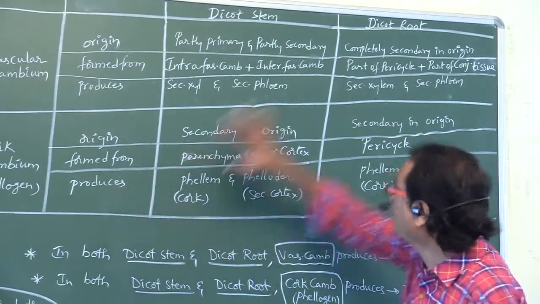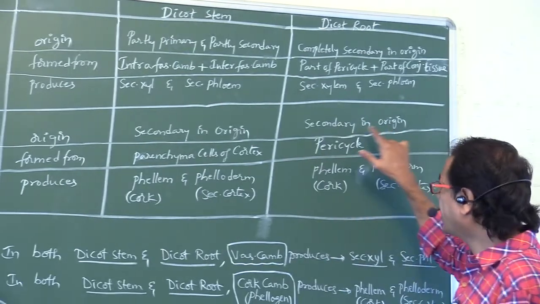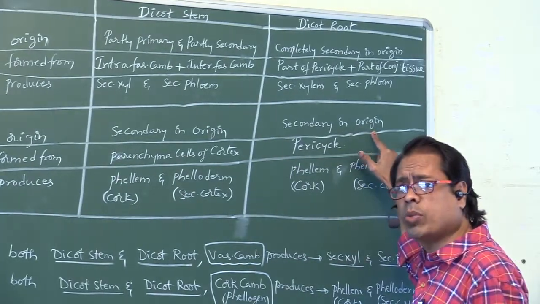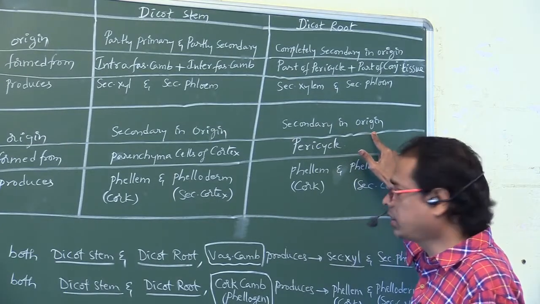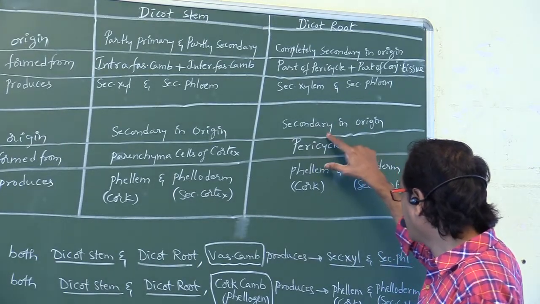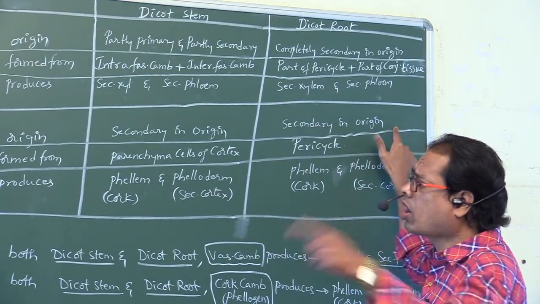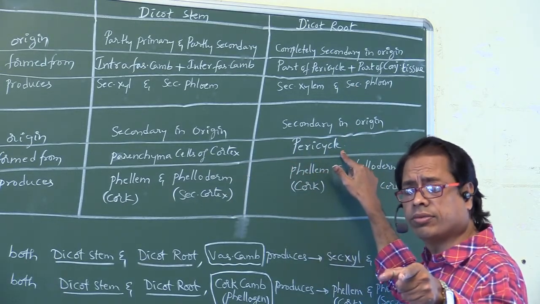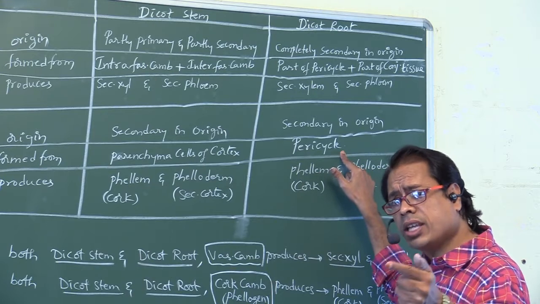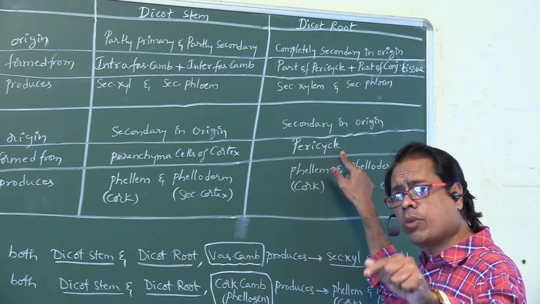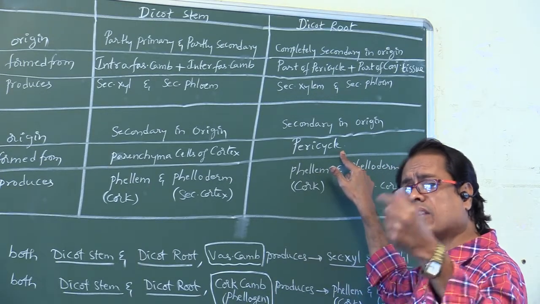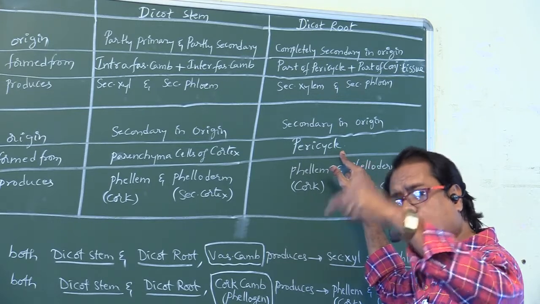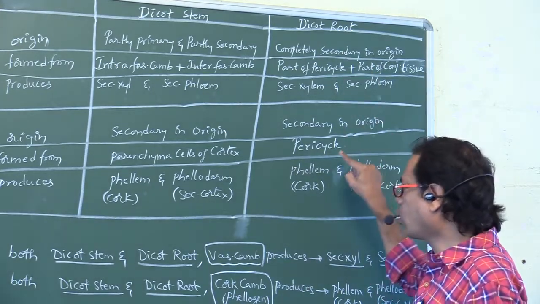Whereas cork cambium in dicot root is secondary in origin. That is, cork cambium is formed during secondary growth, so it is completely secondary in origin. This cork cambium in dicot root is formed from pericycle. So pericycle helps in the formation of both vascular cambium and cork cambium in dicot root.